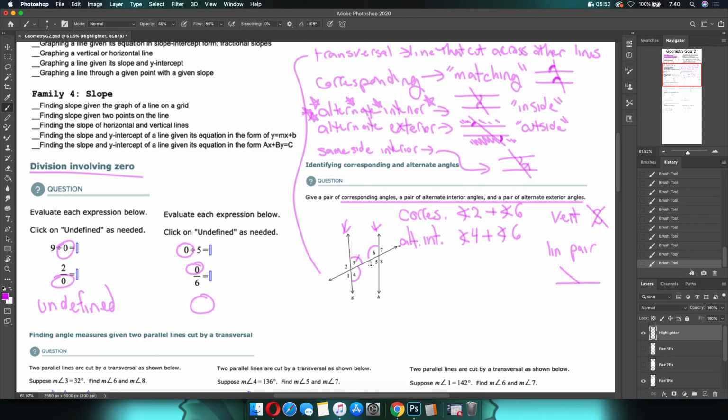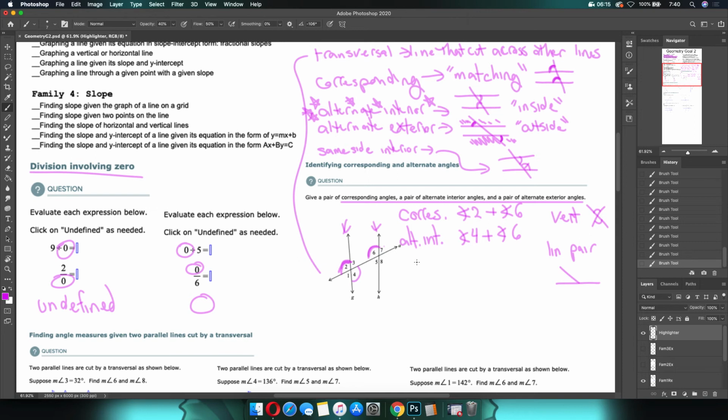We also have 3 and 5. If we're looking at corresponding, we do have 2 and 6, but we also have 3 and 7, 1 and 5, and 4 and 8. So you have actually, for once in the software, a little bit of freedom when you're choosing your angles.